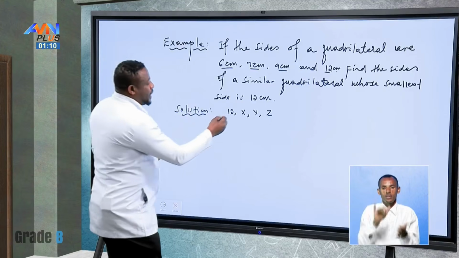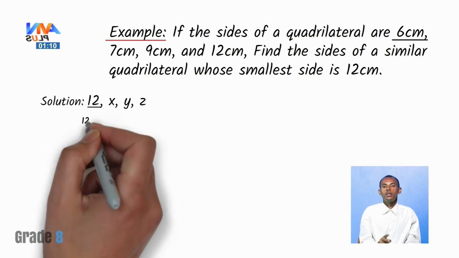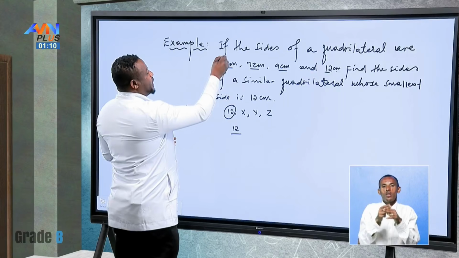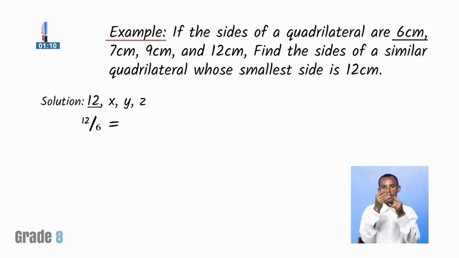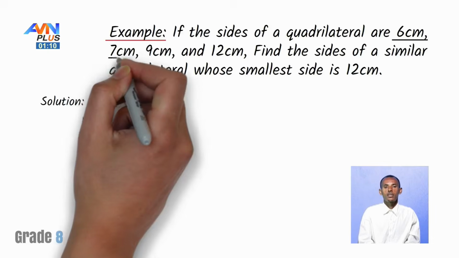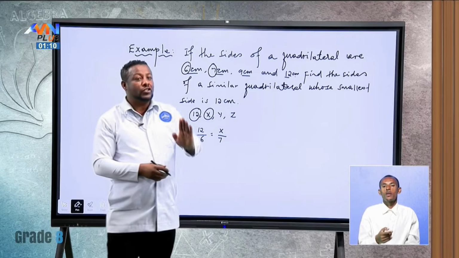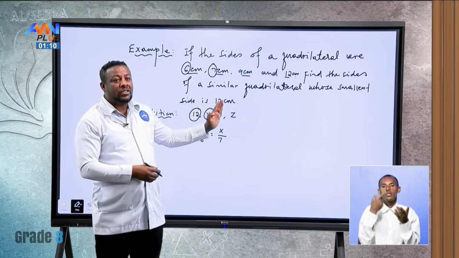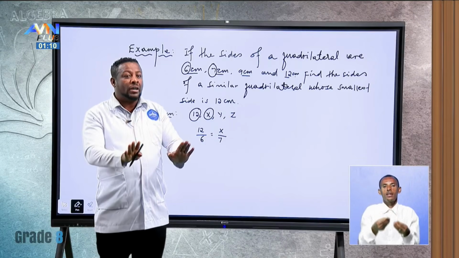That means the smallest one, 12, over the smallest one here, which is 6. 12 over 6 must be the same as the next side, x over 7. Okay, here you need to consider that these numbers or these arrangements are given in ascending order, okay?